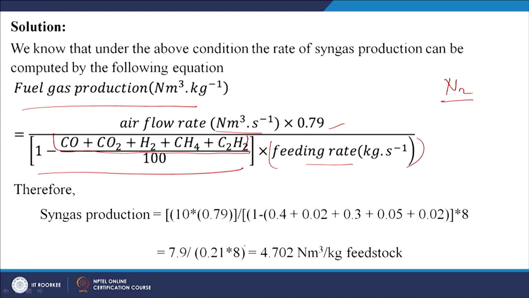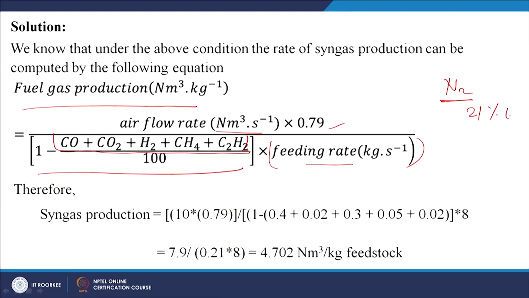So, what was the nitrogen in the air which was used in this case? We are assuming 21% oxygen, so 79% nitrogen is there. That is why this term is 0.79.